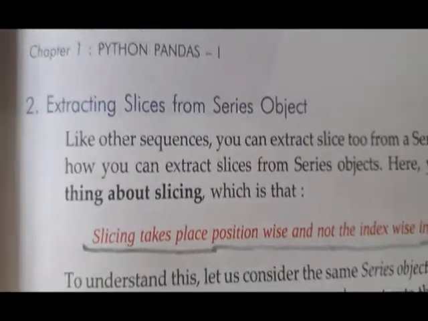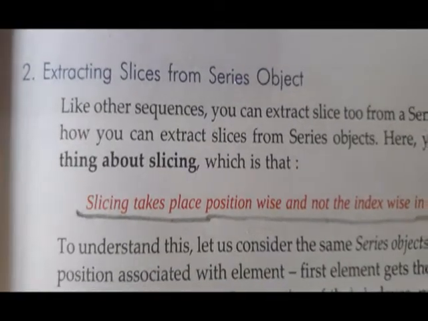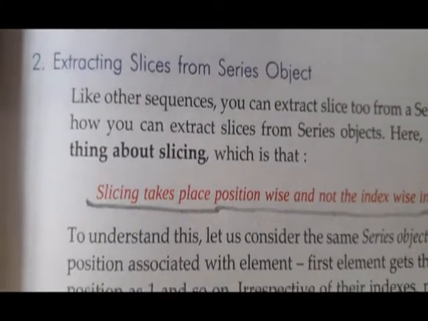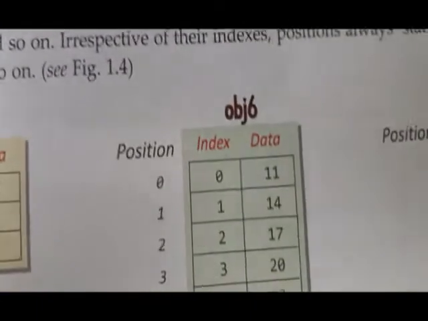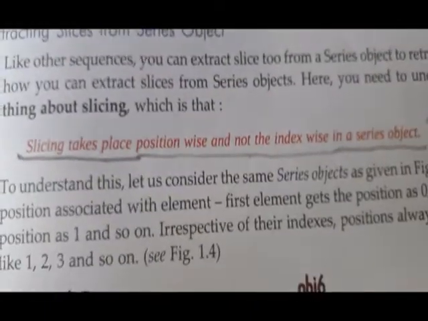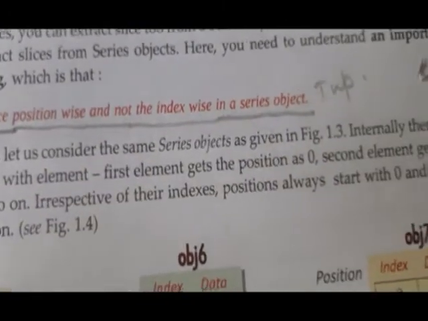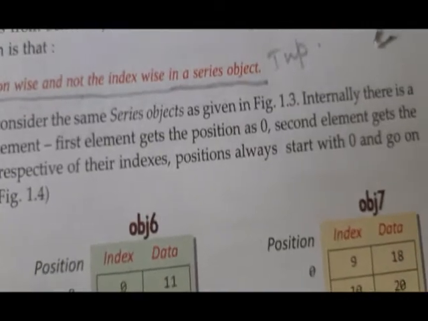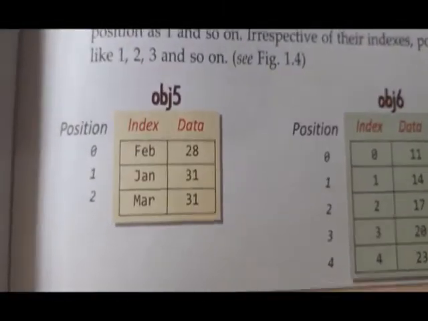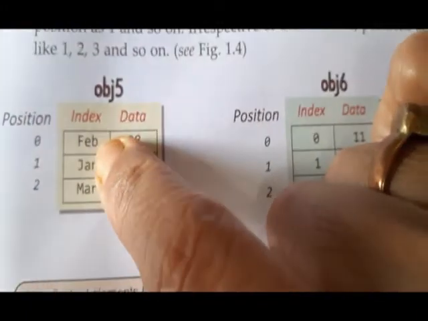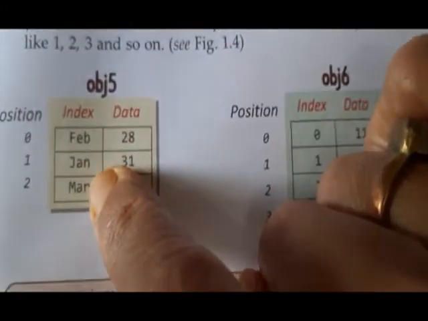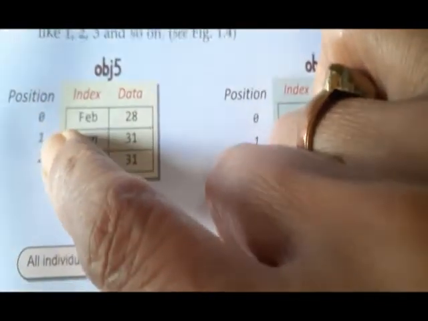Now, dear students, extracting slices from a series object, page number 17. We have done slicing already and you are very familiar with it. Slicing in a series object takes place position-wise and not index-wise. Here the index is actually Feb, Jan and March, but the positions are 0, 1, 2.